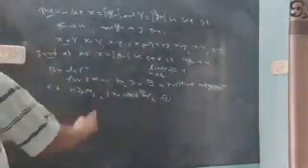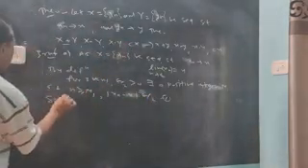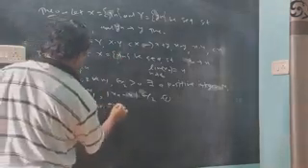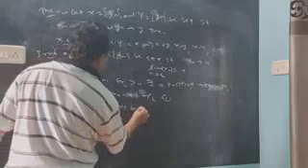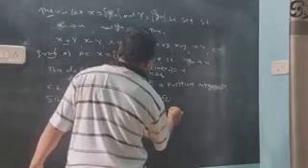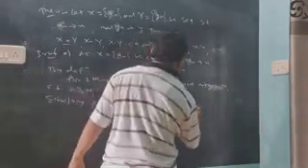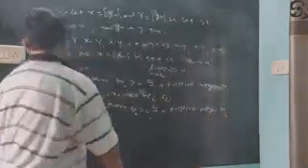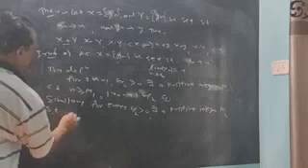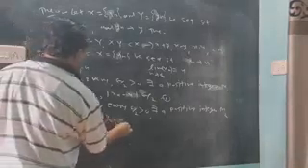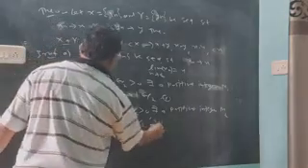Similarly for the second, for every epsilon by 2 greater than 0, there exists a positive integer m2 such that for n greater than m2, we have mod of yn minus y less than epsilon by 2.